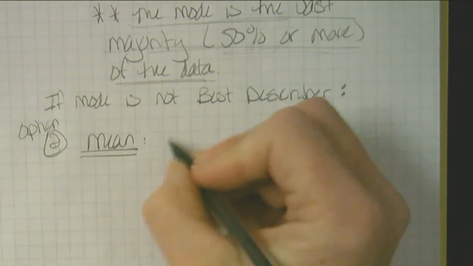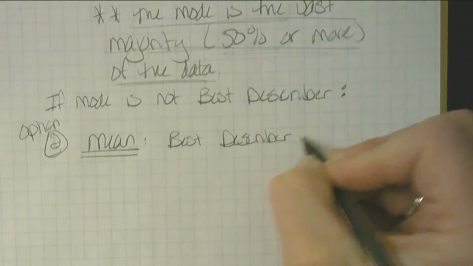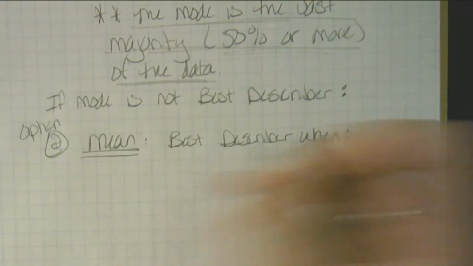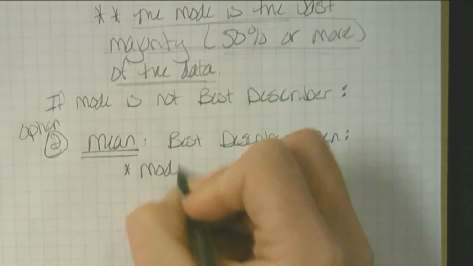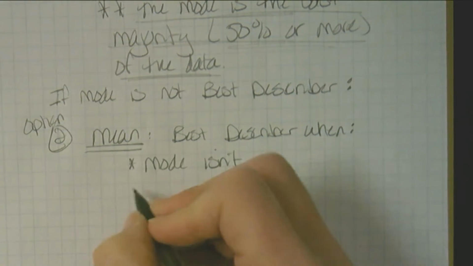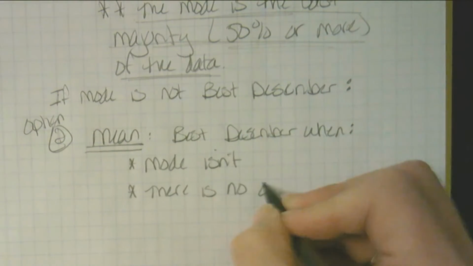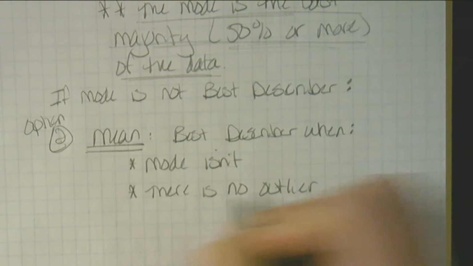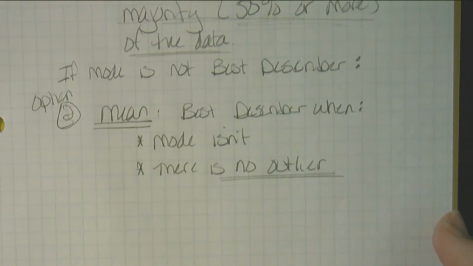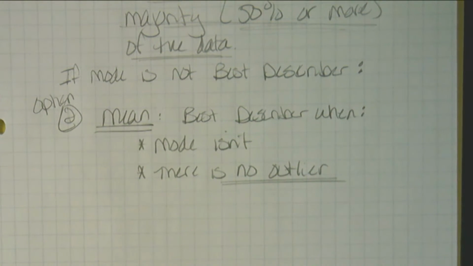So mean, best describer when, first of all, mode isn't. All right? When there is no outlier, because your outlier is going to throw your mean off. So if mode is not the best describer and there is no outlier, mean is your best describer.